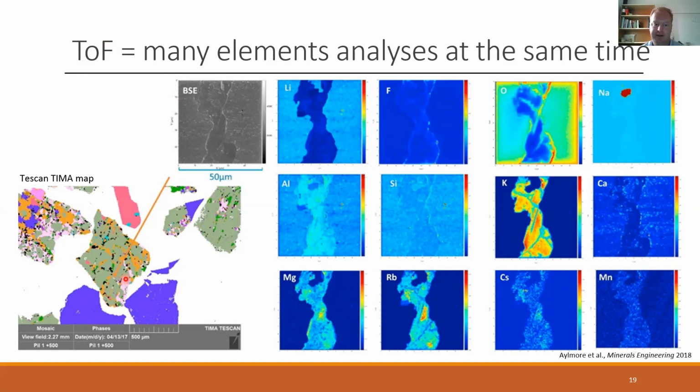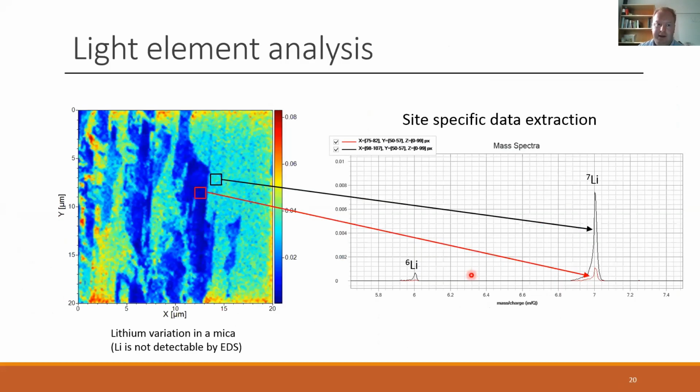This example is a lithium bearing mineral, and we're looking at the relationship of the lithium rich phases with other chemistry. We use that to identify them. This is an application example of light element analysis.